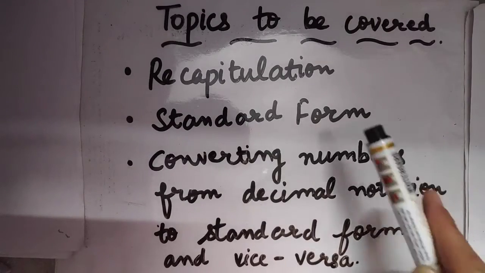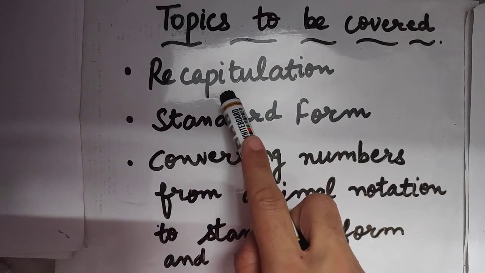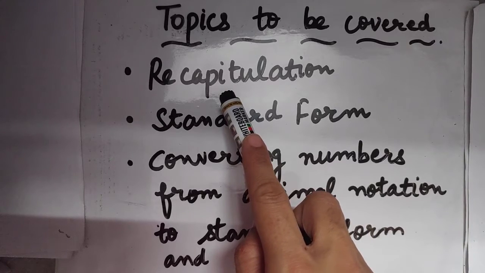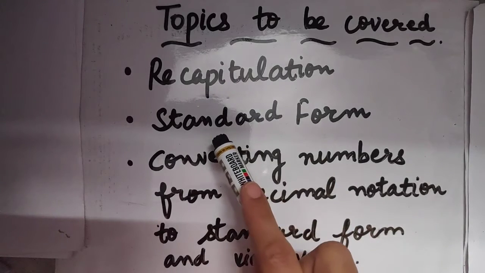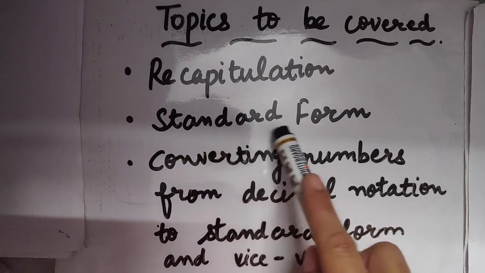Let us see now the topics to be covered in this lecture number 2. First of all, dear children, we will recapitulate the concepts of lecture number 1. That is, we will revise what are exponents, what are powers, laws of exponents, and then we will move to the main topic of this lecture, that is standard form.